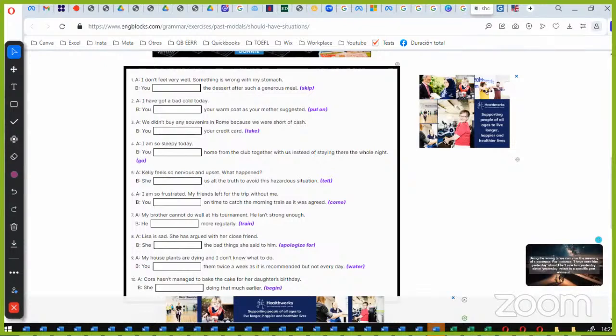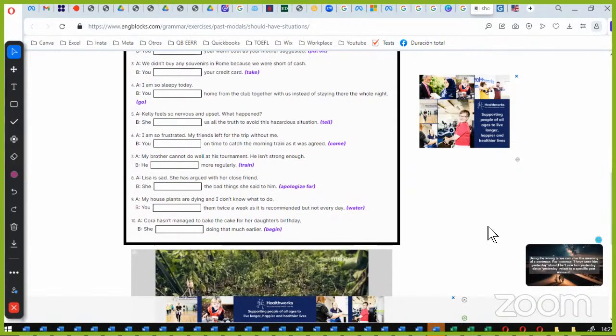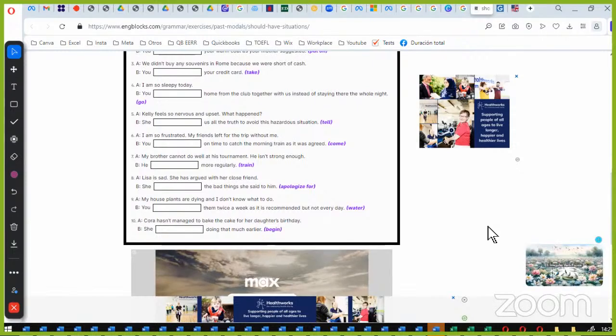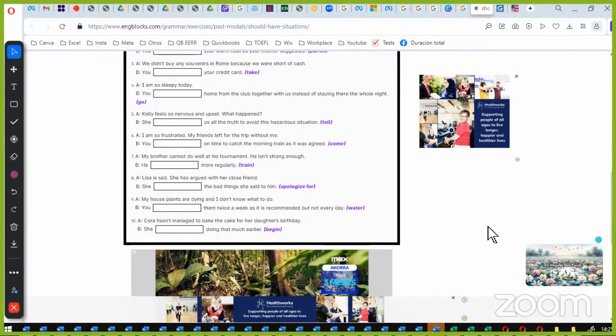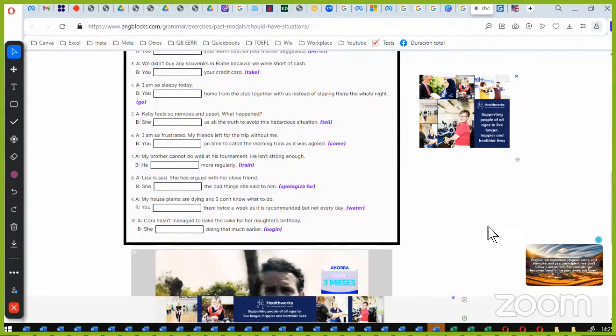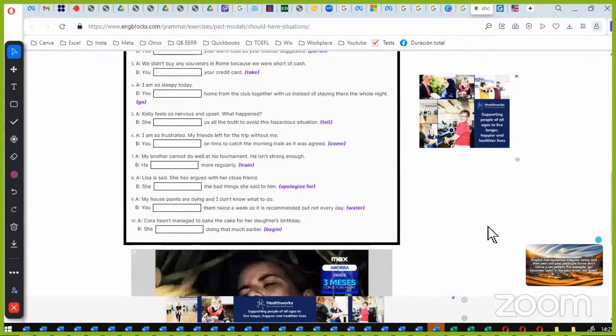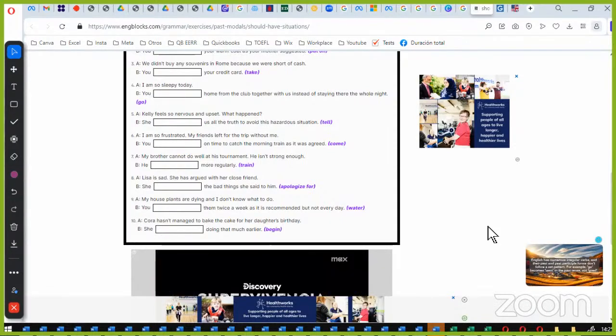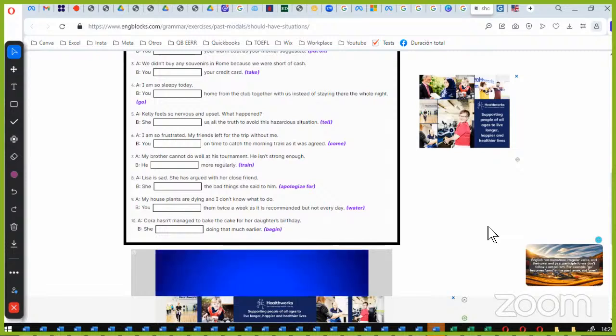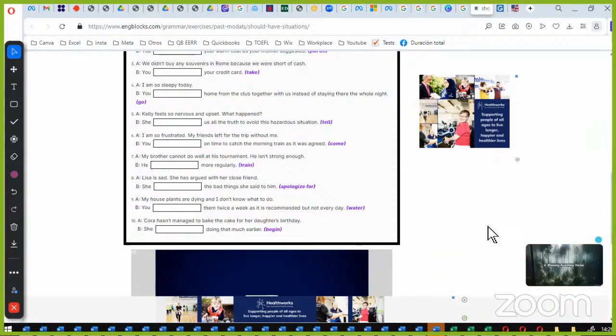He should have trained more regularly. Okay, number 8. She should have apologized for the bad things. Okay, number 9. You should have watered them twice a week. Okay.